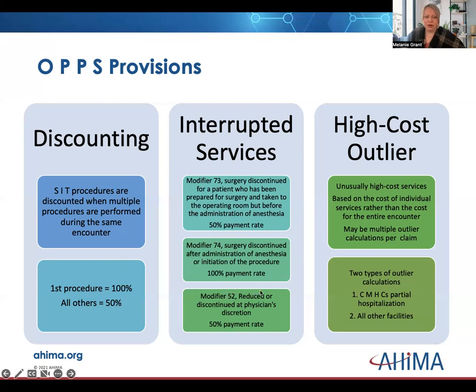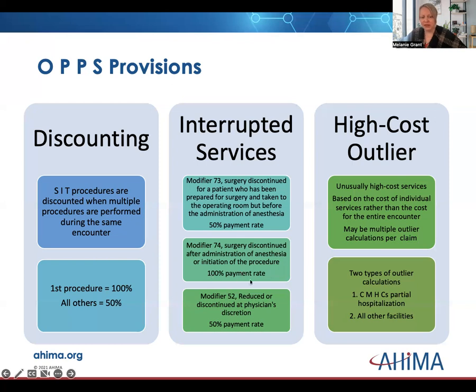Modifier 74 is a modifier that says we stopped the procedure, but the anesthesia was already given and we already started the procedure. We had to stop it for some reason. Usually it's due to a medical need, like the patient's response was very poor and it would have put them in physical jeopardy.